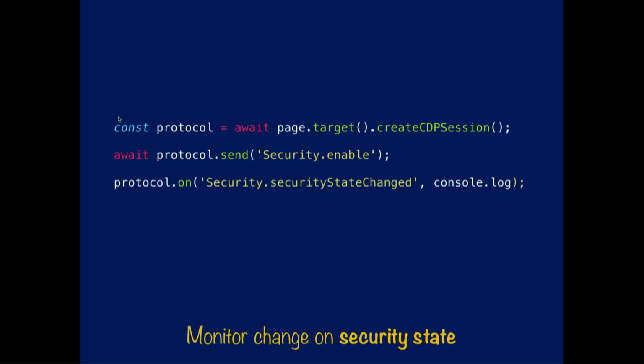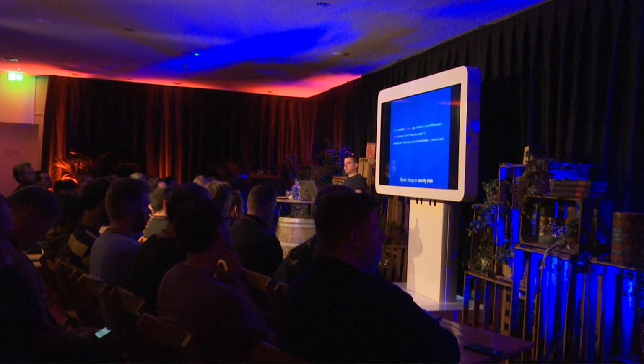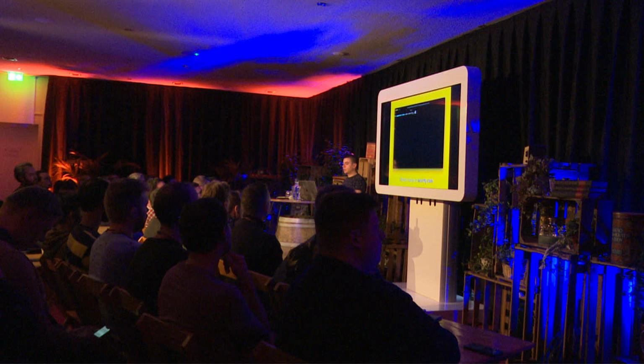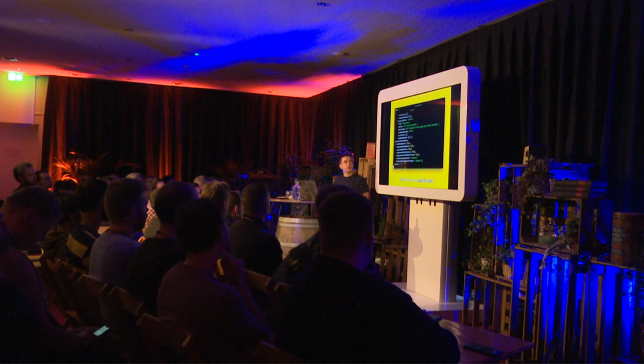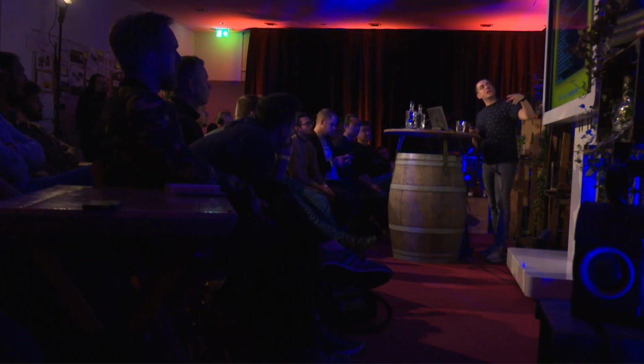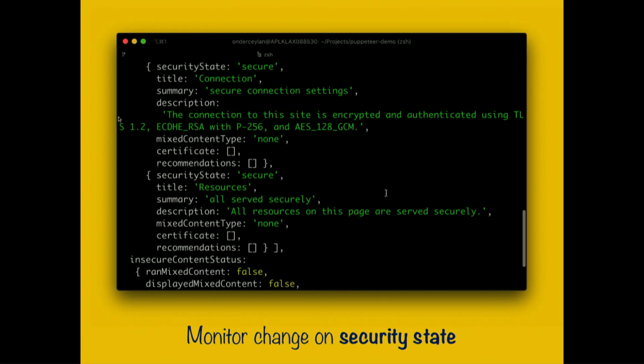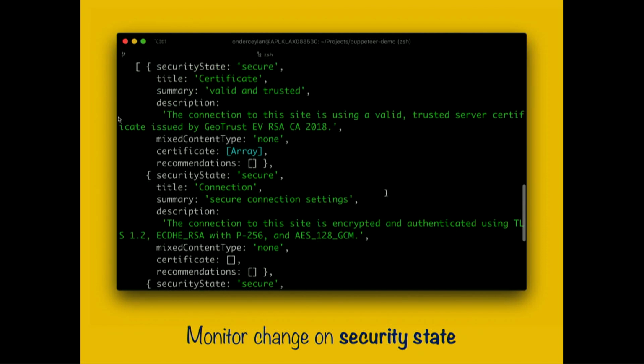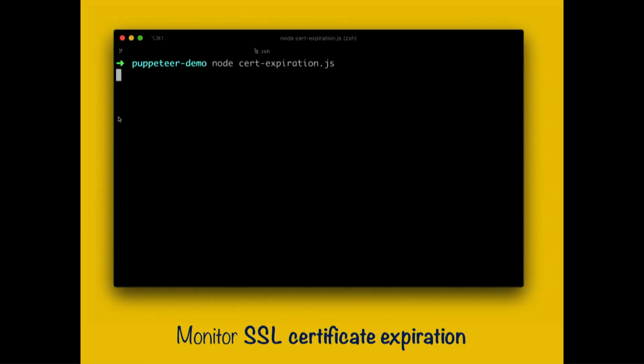Again, using Chrome DevTools protocol, you can enable security, and then security state change is an event that you can listen on. It will just return these values, and you can create alerts if you have an insecure result as part of this call.